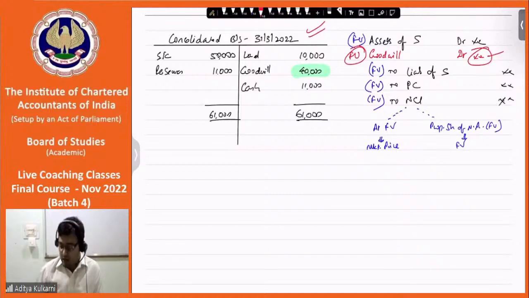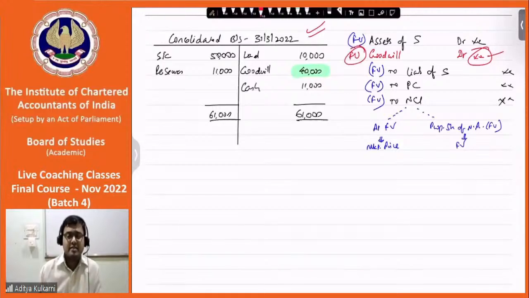This problem will not arise if it were to be an amalgamation or takeover of a division. Why? Because in case of mergers, in case of takeovers of divisions, what happens is the selling company or selling division shuts down and all the assets are physically transferred.